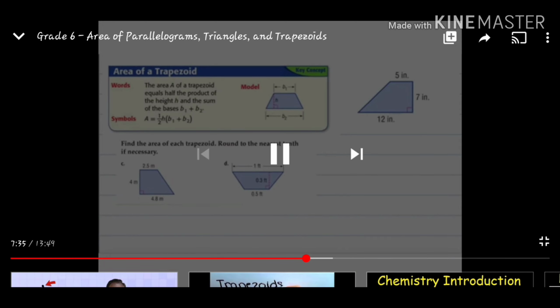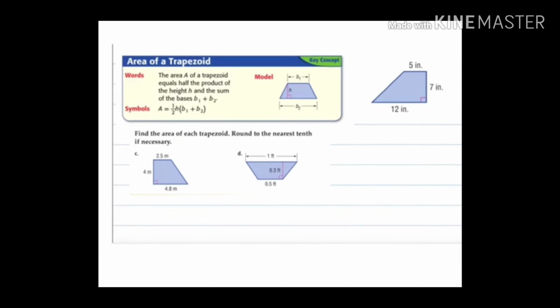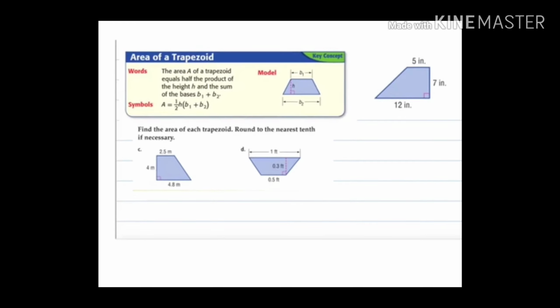Last shape that we're going to discuss in this video is trapezoids. So write down area of trapezoid. Show your model with all the labels. And then here is our formula, which is 1/2 times the height times the base 1 and the base 2. So basically the bases added together.